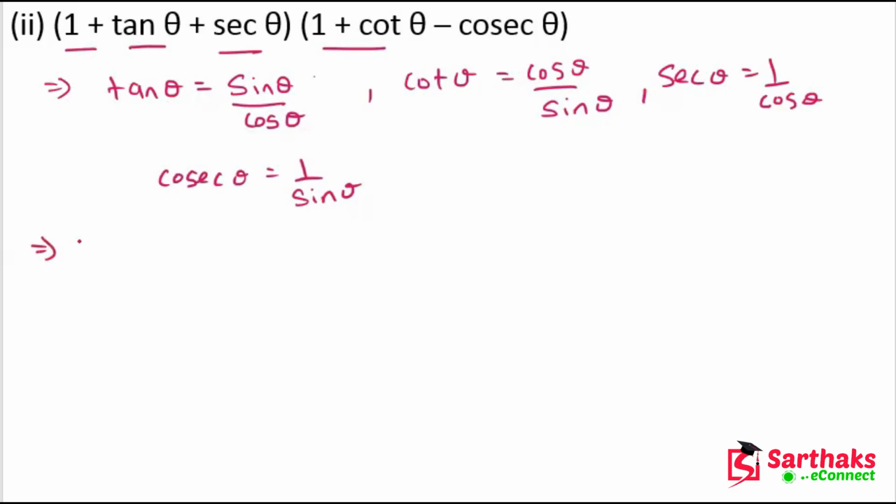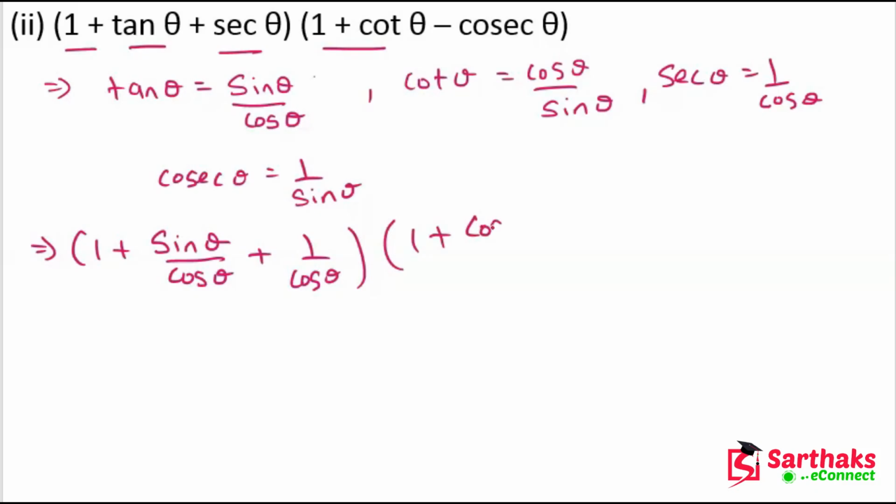Now put these values in this equation. So we get 1 plus sin theta upon cos theta plus 1 upon cos theta, multiplied by 1 plus cos theta upon sin theta minus 1 upon sin theta. My dear friends, I hope you get this point. Now we have to simplify this.